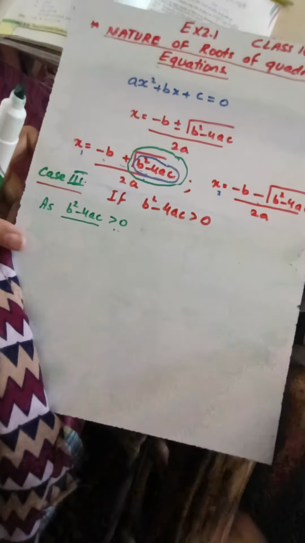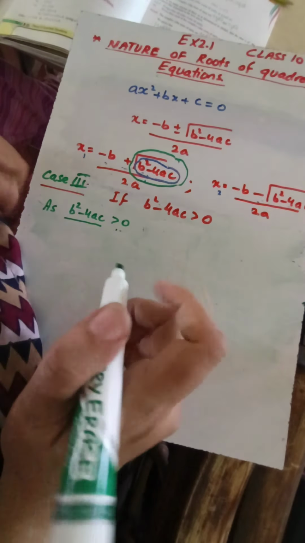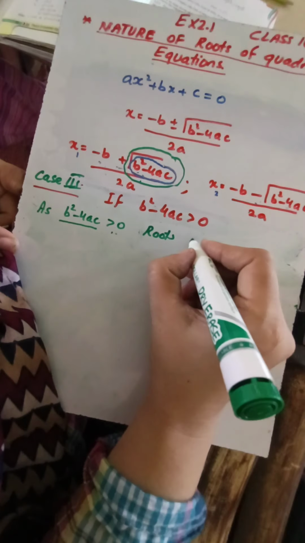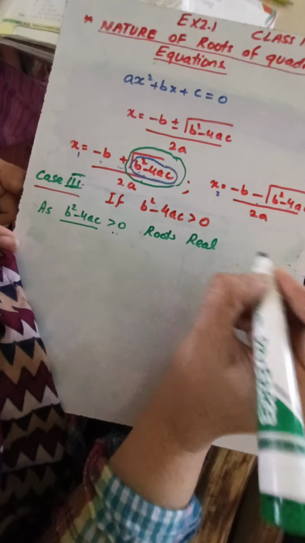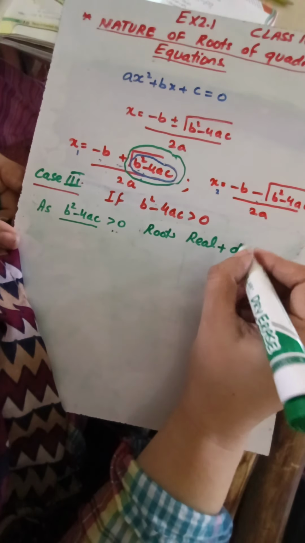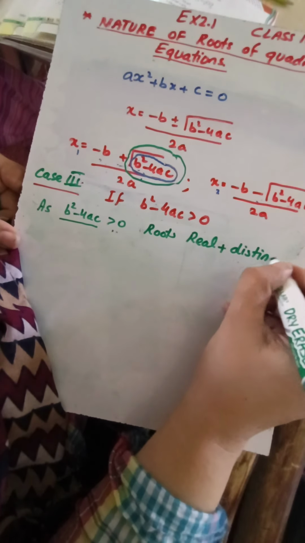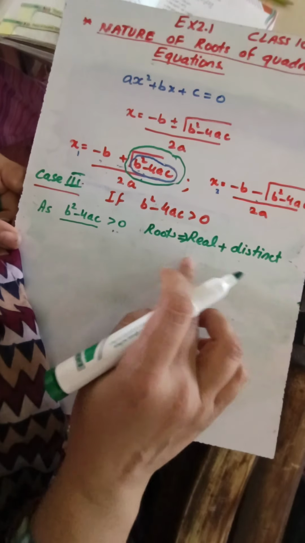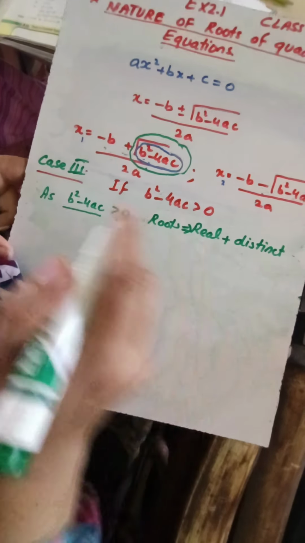The roots will be real, plus they will be distinct also. This is the result.